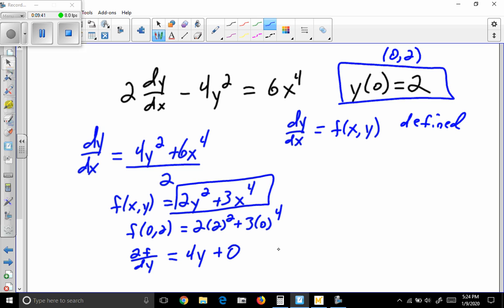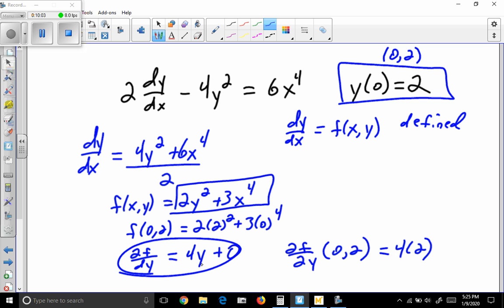Notice if we substitute our initial condition x and y into our partial, then in place of y, we put a 2. And that's still defined, that's still continuous. And likewise, that's going to be continuous at any x value left or right of 0, and any y value above or below 2.